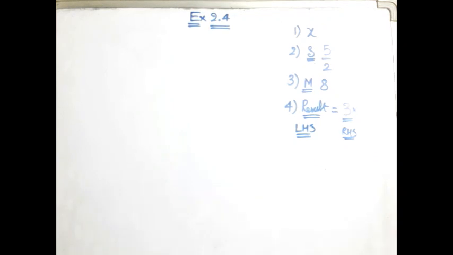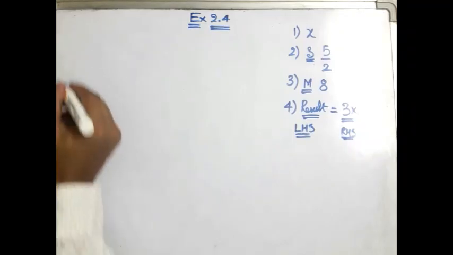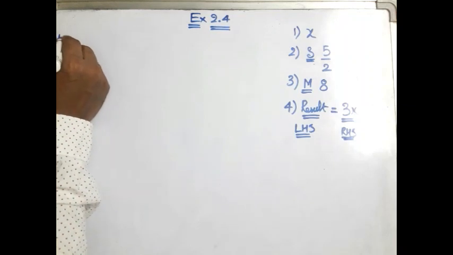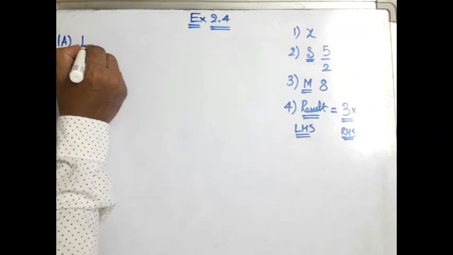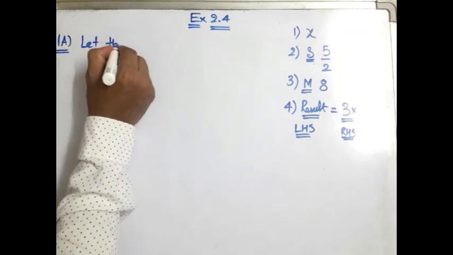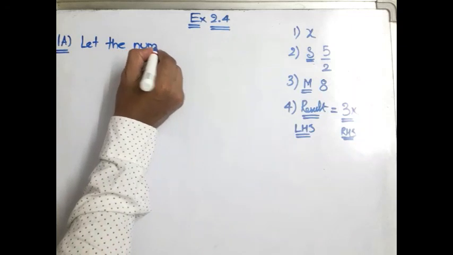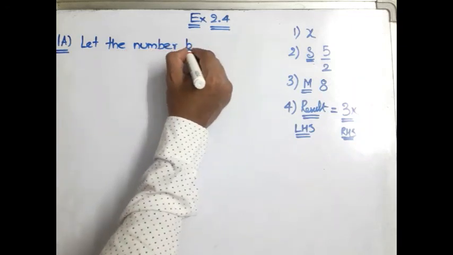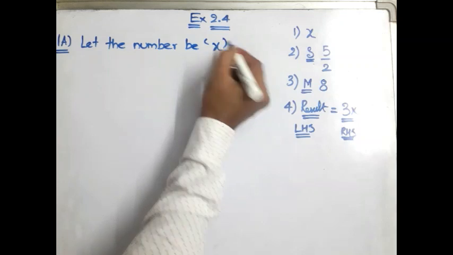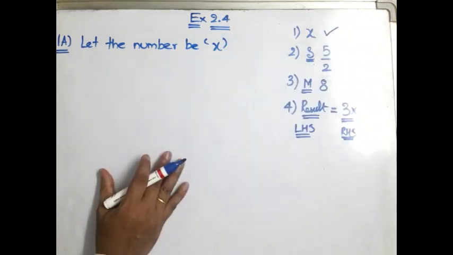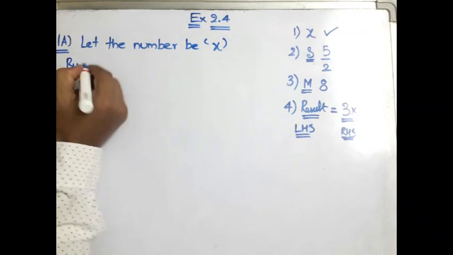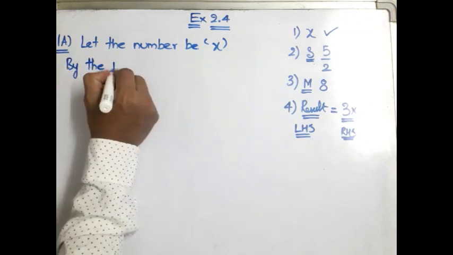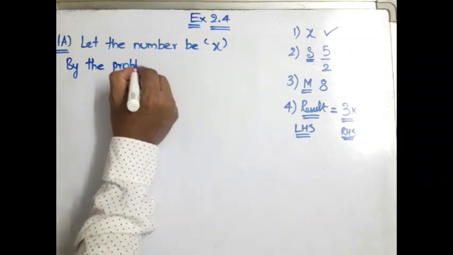Now let us solve the problem. Look. As a starting step, let the number be, as we don't know the number, let the number be x. Okay, so we are done with the first step. Then by the problem, here there comes a sequence of steps, so please look carefully.